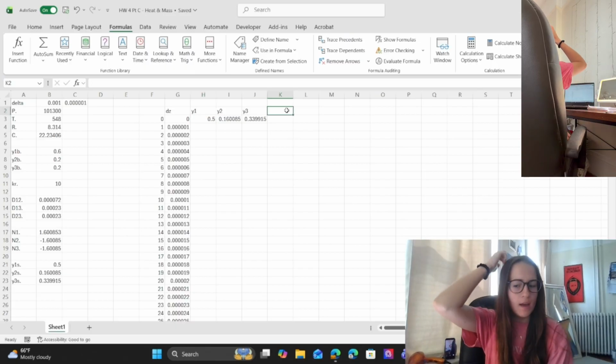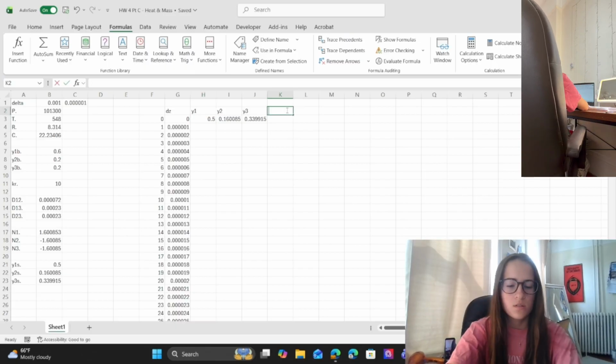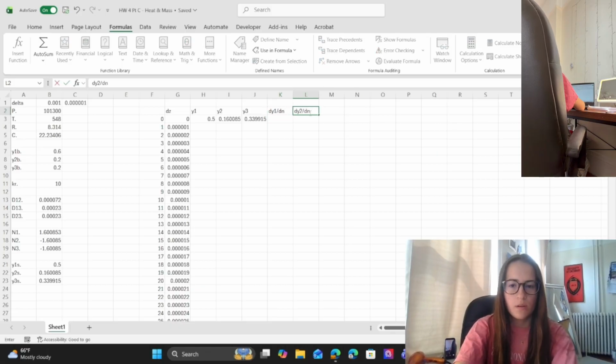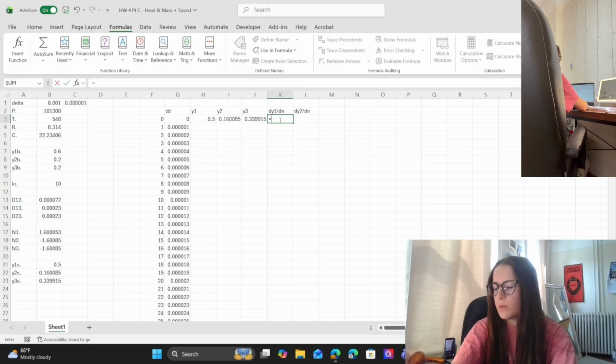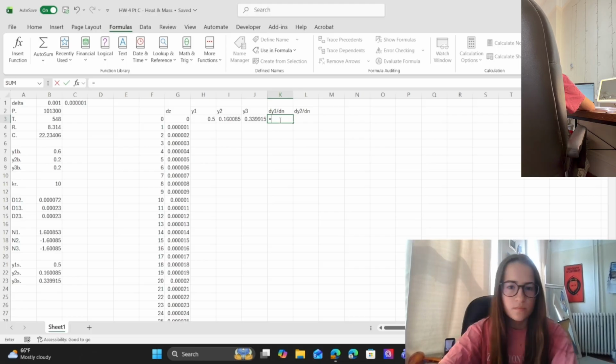And then now we can say this is our dy1 divided by dn, and then dy2 divided by dn. So this is our Stefan-Maxwell equations here, and we can begin plugging this in.